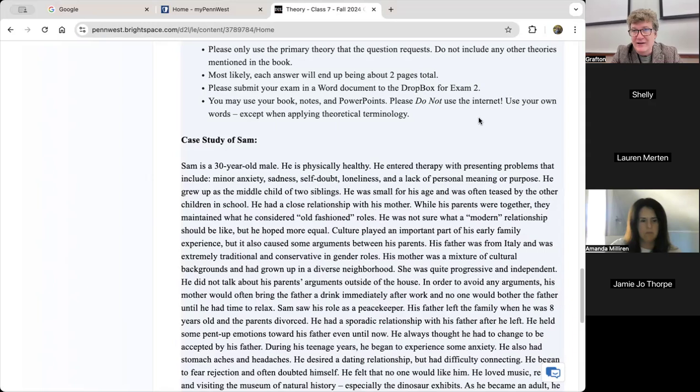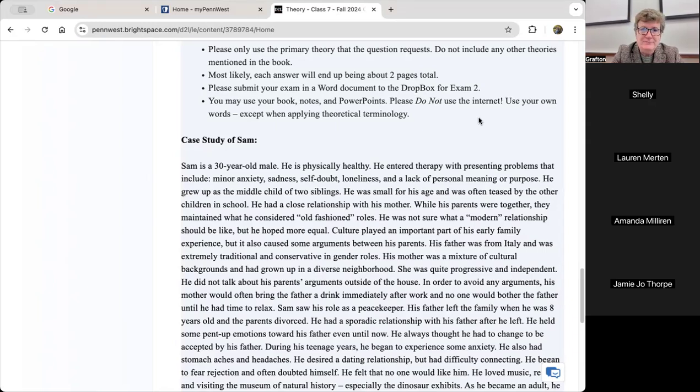If we're doing Rogers, you're only going to use person-centered theory. That's it. You're not going to use expressive arts with his daughter. You're not going to use other theorists, only that theory. So don't include other theories mentioned in the book.